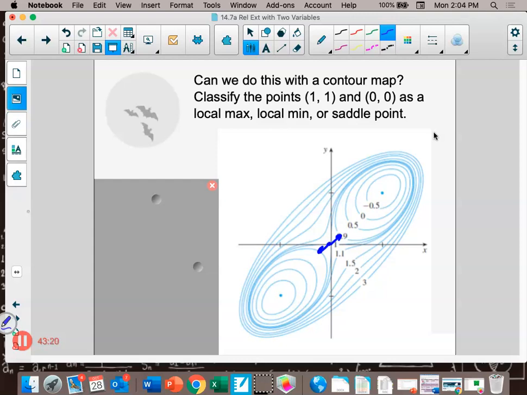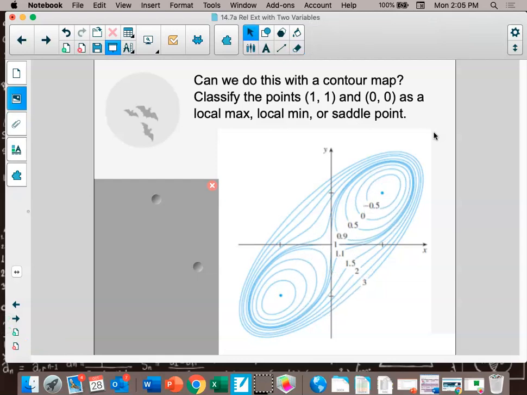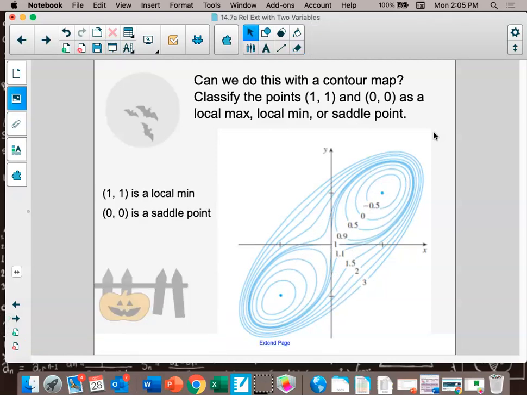If we go this way, we're at 0.9, 0.9, so we're kind of a max this way. But if we go this way, we're at 1.1, 1.1, so we're at a min. You'll see those criss-cross directional things, and you usually end up with a saddle point. So yeah, 1, 1 is a min, 0, 0 is a saddle point.